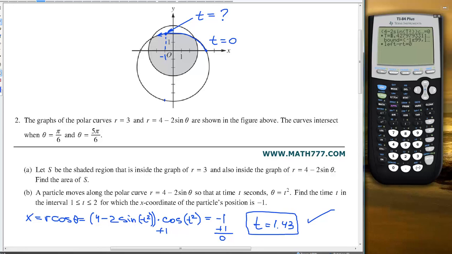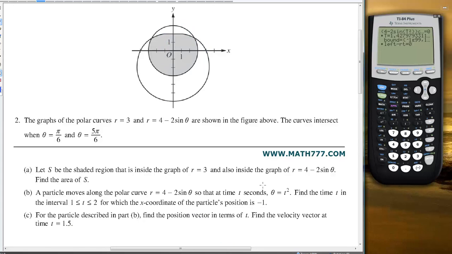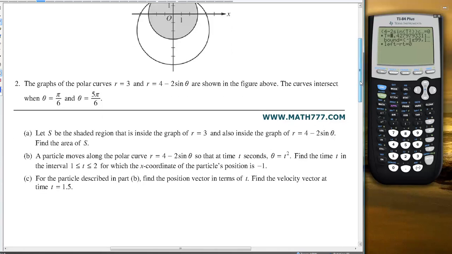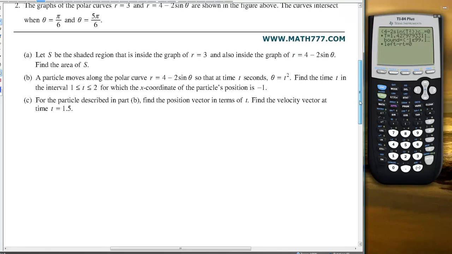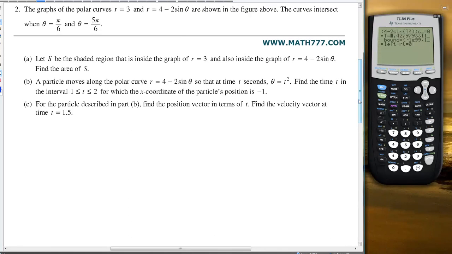Let's look at question C. For the particle described in part B, find the position vector and find the velocity vector at time t equals 1.5. So let's do that. Let's first find the position vector.